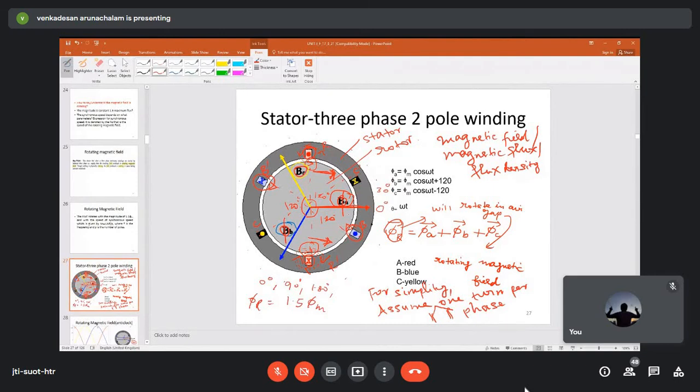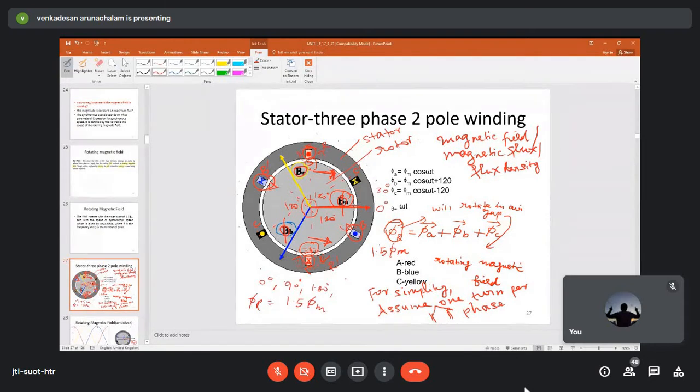So the resultant flux phi r vector is equal to the vectorial sum of phi A, phi B and phi C. This resultant flux only will rotate in the air gap. It will have a magnitude of 1.5 times phi m. Now we have to see how that resultant flux is giving that rotation effect and how the magnitude comes to around 1.5 times phi m.